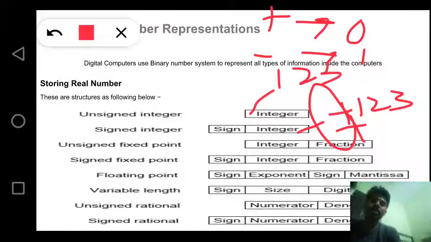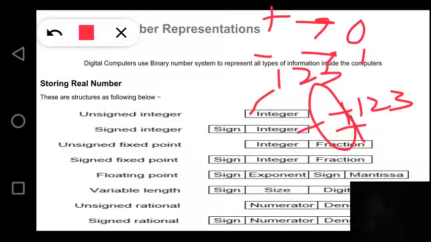Because ultimately in computers everything is required to be represented in the form of binary. Even sign also has to be represented in 0 and 1 form. So plus is represented as a 0, minus is represented as 1.